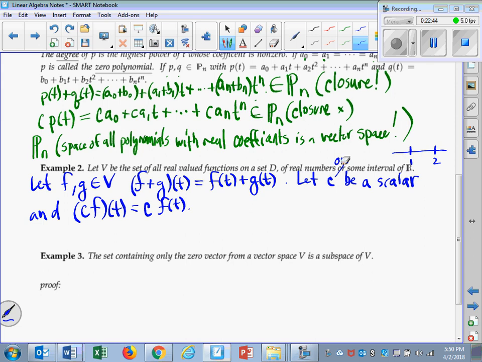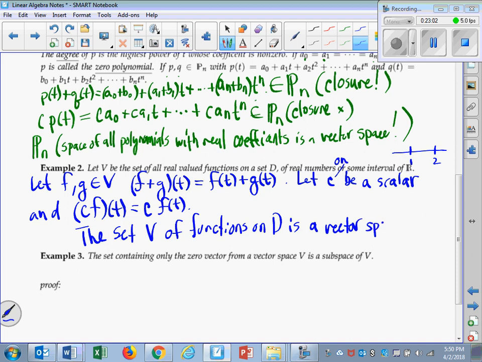So with this addition and scalar multiplication, the set V of functions on D is a vector space, where its vectors are not the vectors that we're used to seeing, but vectors that are functions. It's quite abstract. It's definitely different.